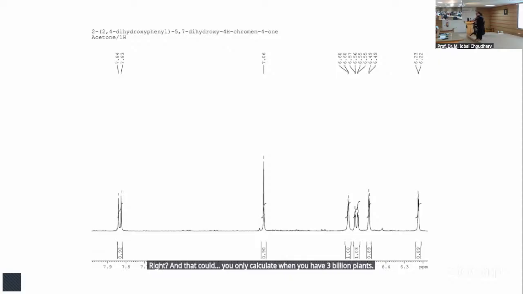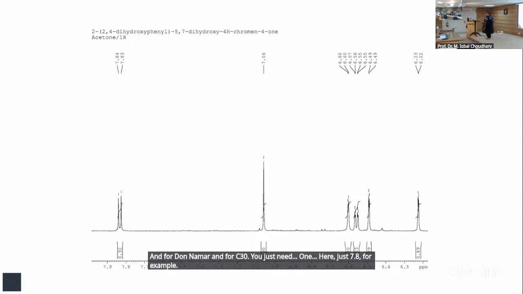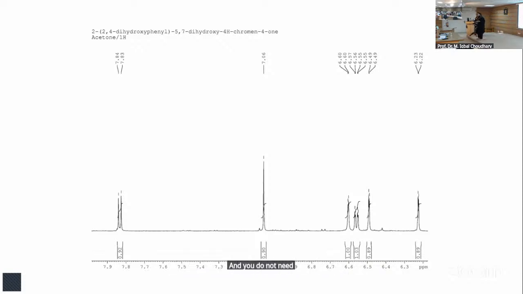And for proton NMR and for C13, you just need one digit here, just 7.8, for example. You do not need 2 or 3, and you do not have to mention this in your thesis and research articles.